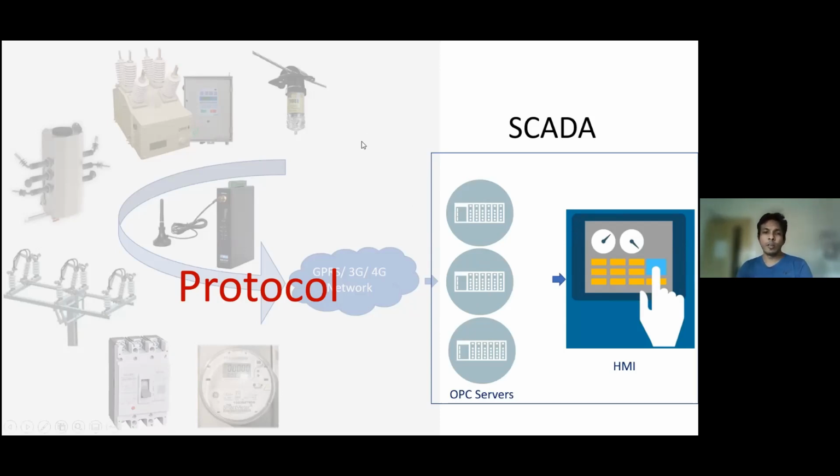Though the arrow points towards the SCADA, you always have the other way as well. It's always bidirectional. What bidirectional means is you can always have controlling and observation together.